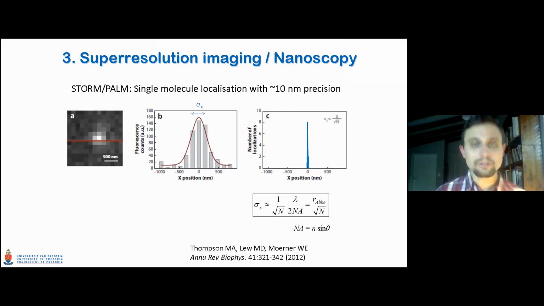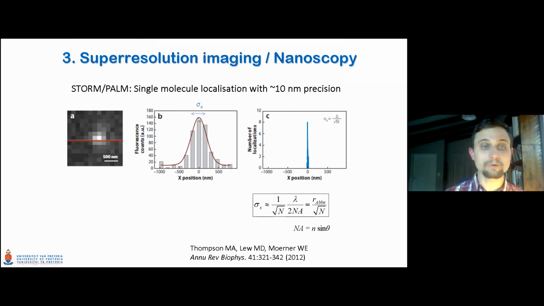Okay, so if you do this only once, you have a pretty big uncertainty. But now if you do this several times, you can decrease the variance, because the variance scales with the inverse of the square root of the number of times that you repeat this. So this is a way to localize the molecule. When you scan across this image, you can localize the molecule because you know that chances are great that it's in the center of this histogram, but obviously there's some variance.